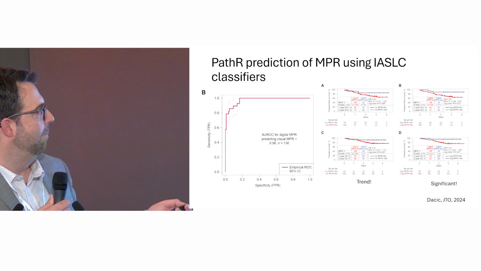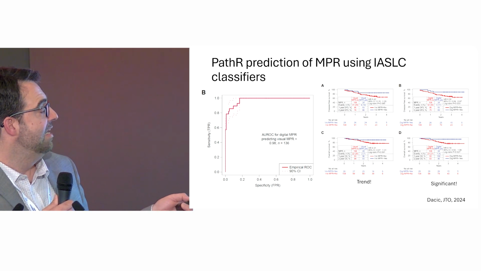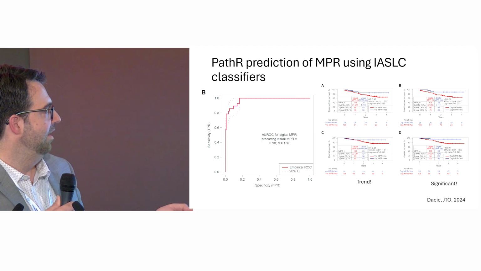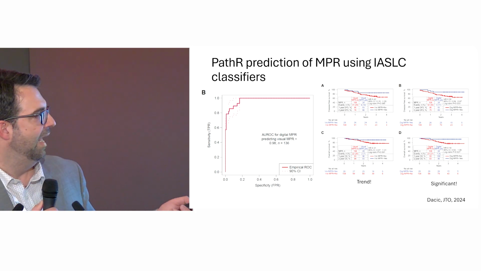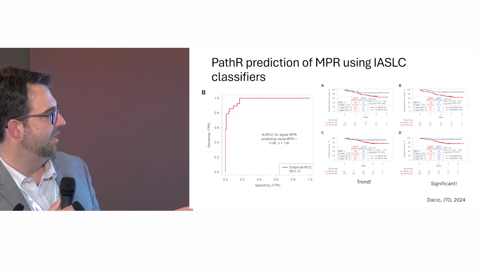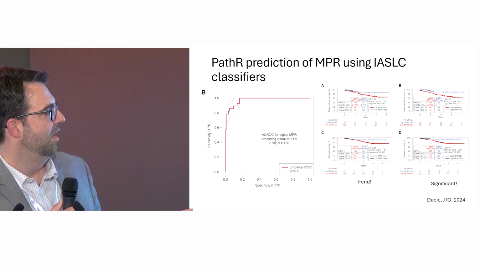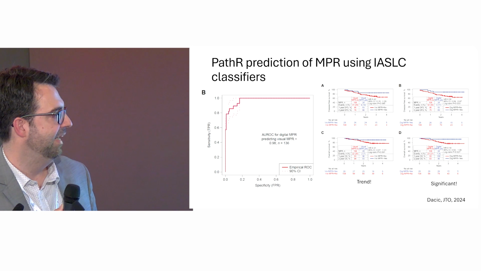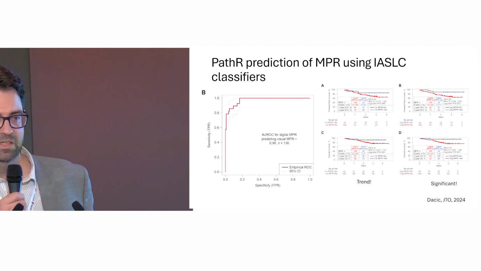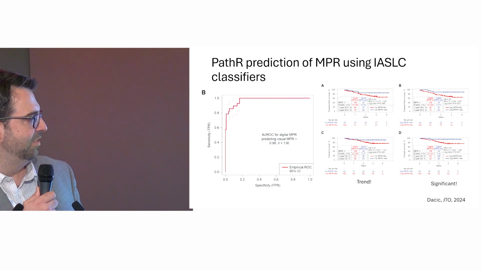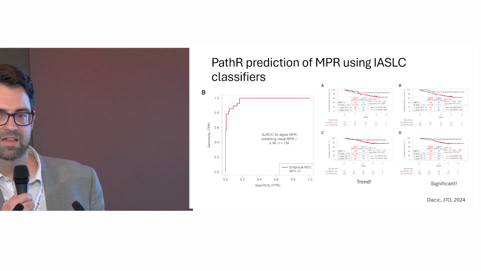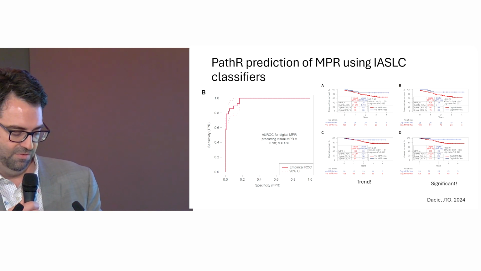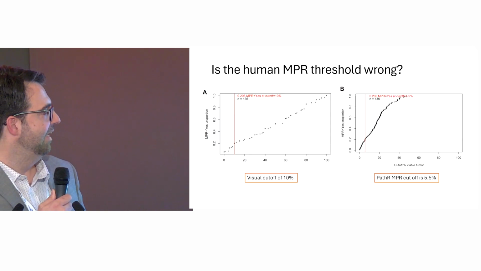They used PATHR and then saw how well it was able to predict MPR. The ROC curve showed a 0.98 concordance, and they also assessed how well PATHR was able to calculate MPR. What was interesting is that the humans had a trend to detect MPR, while the computer was significantly able to find the MPR cases.